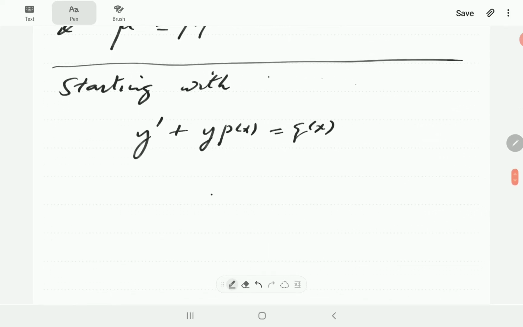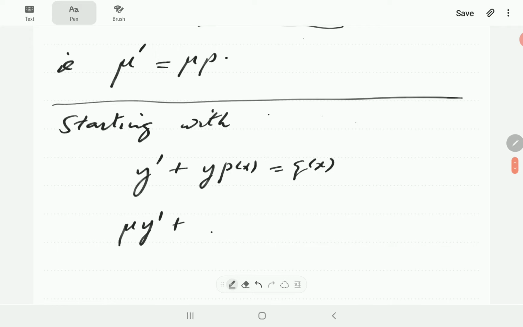If I multiply everything by mu, which is our integrating factor, then we're going to have mu y prime plus, let's write it as, y mu p, equals mu q.